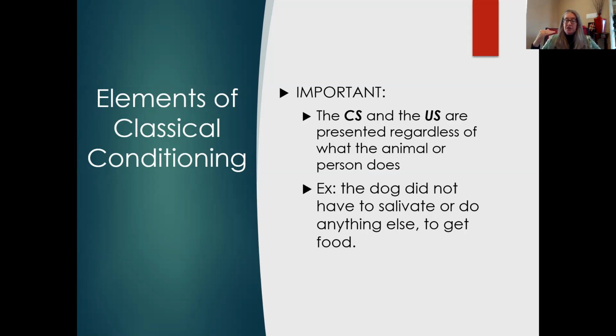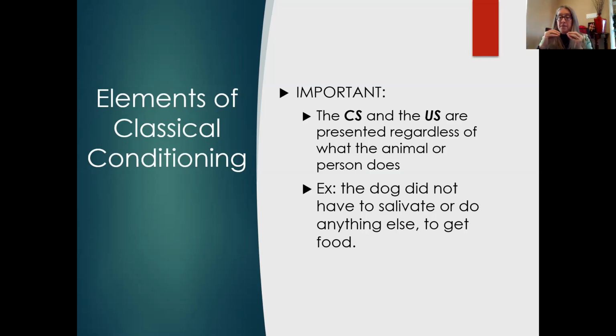For us to call it classical conditioning, the CS and the US have to be presented together regardless of what the animal does. So the puff of air comes before the blinking, and if we're going to pair something to it, let's say we're going to show you a black square and a puff of air.